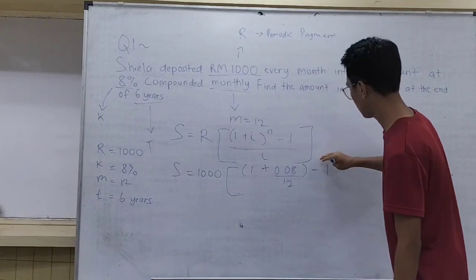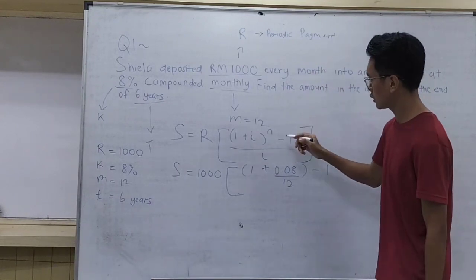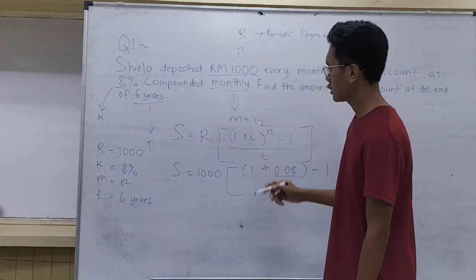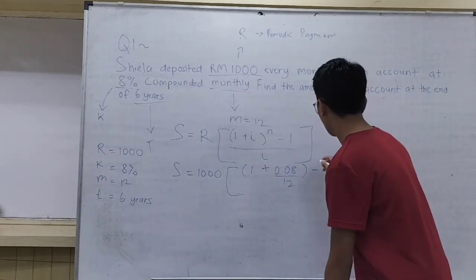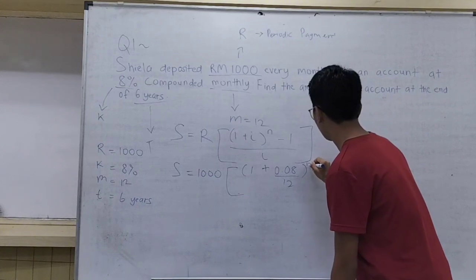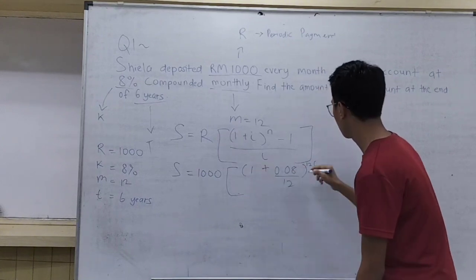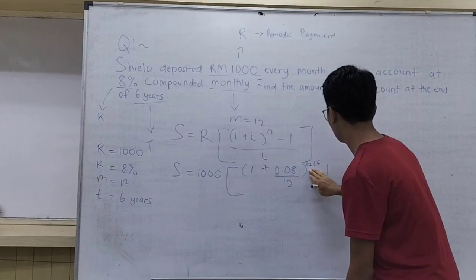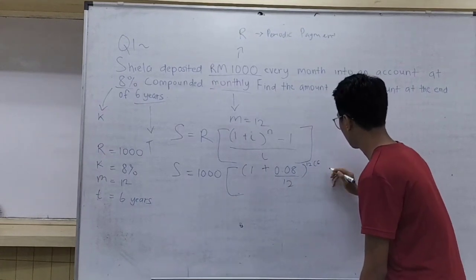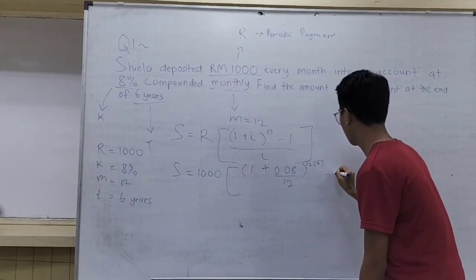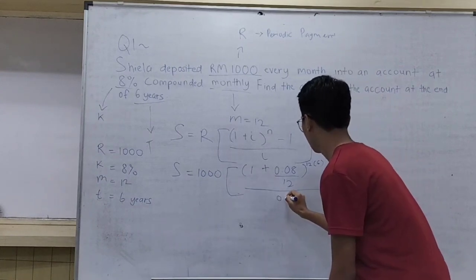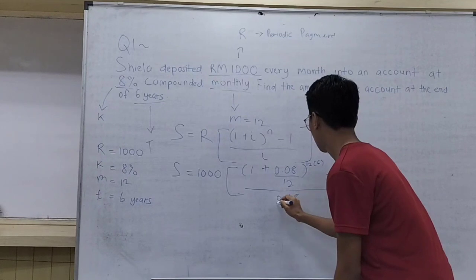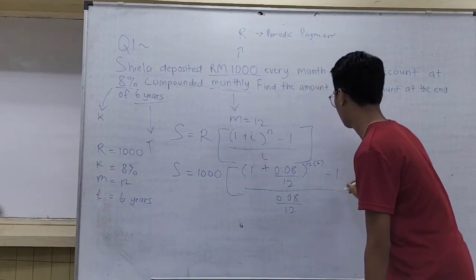I almost forgot the exponent. n is m times t, so this is 12 times 6. Minus 1, over 0.08 per 12.